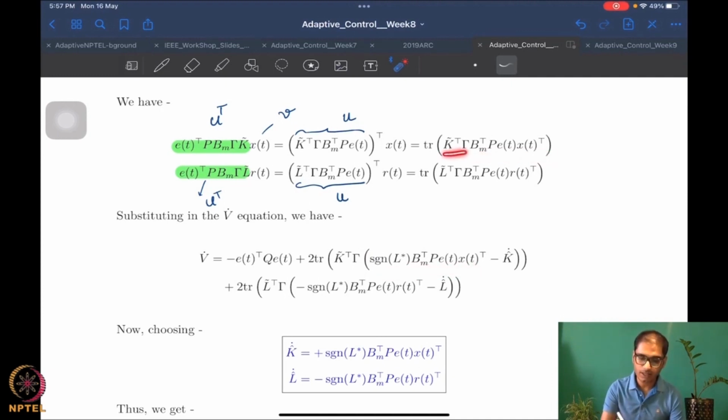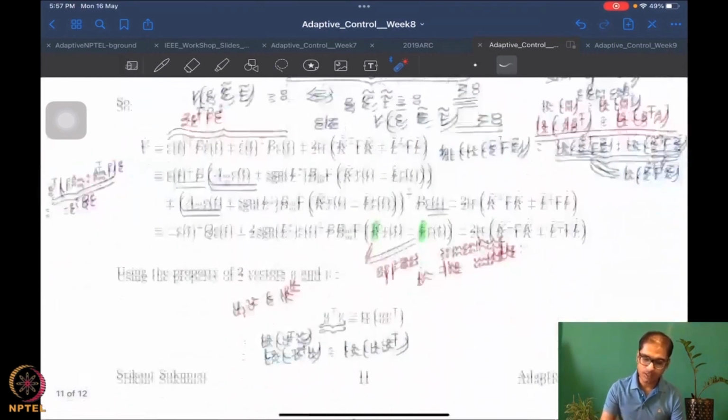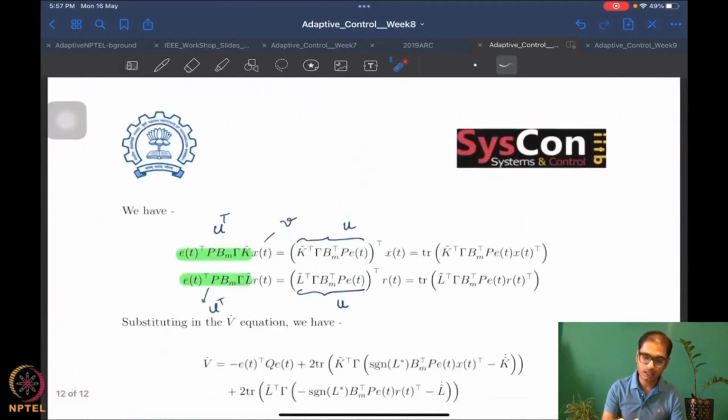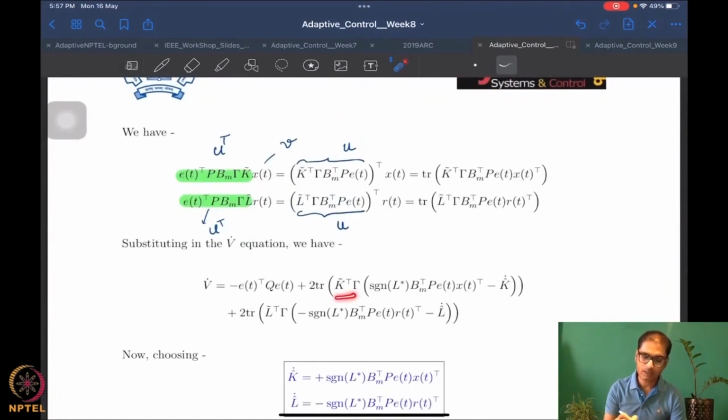I cannot change the sequence of the matrices, so this is fine. Notice there is a K tilde transpose gamma here, which I take common, and K tilde transpose gamma here, also taken common. So I am left with signum L star, this term, and a K hat dot here.